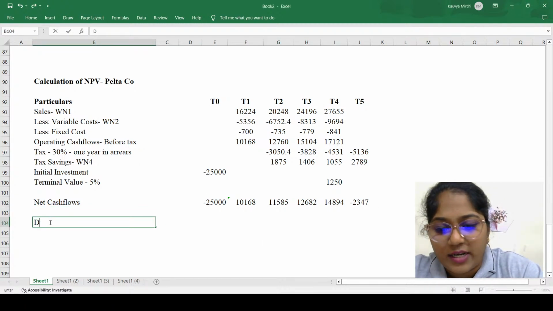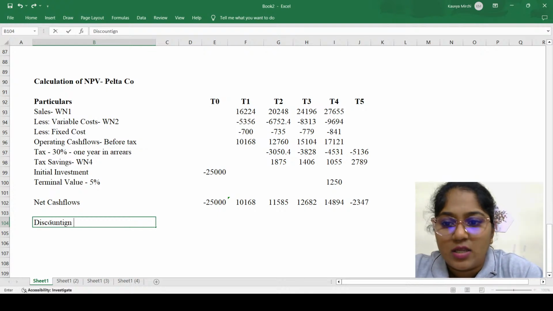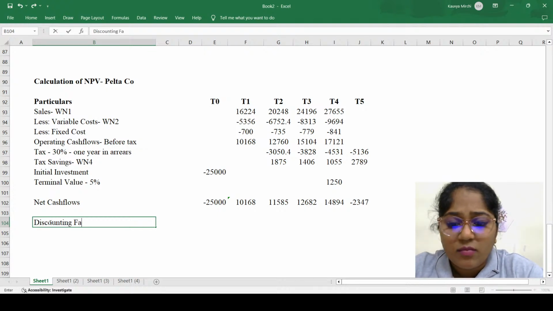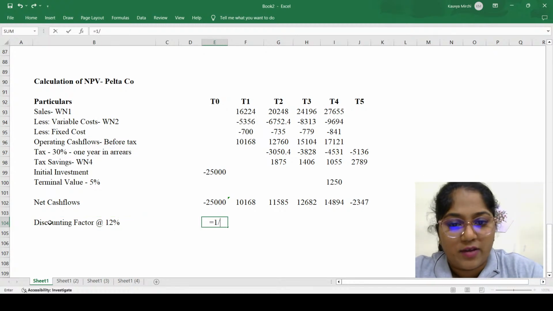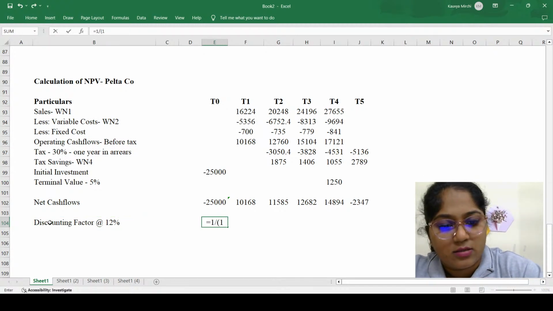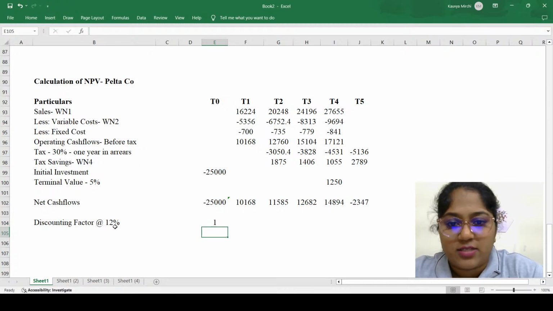Now you have to find out the discounting factor. Don't write DF, write the full form. Discounting factor at the rate of 12 percentage. So how do you calculate? 1 divided by 1 plus 12 percentage raised to the power 0. Since T0, write 0.